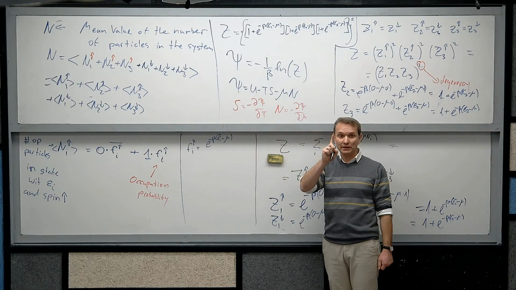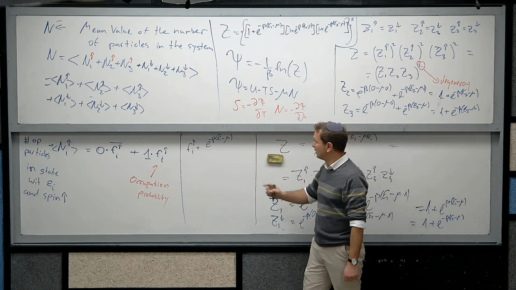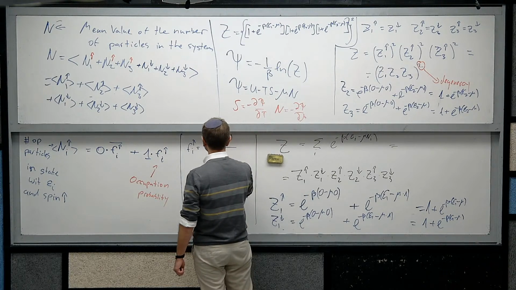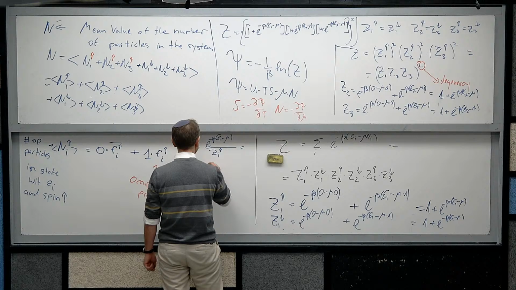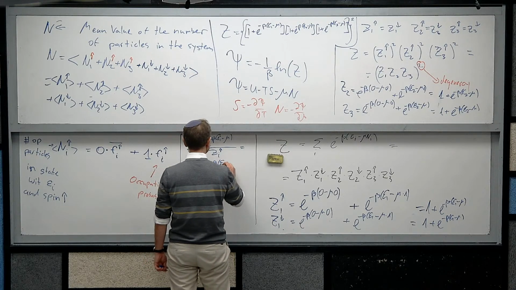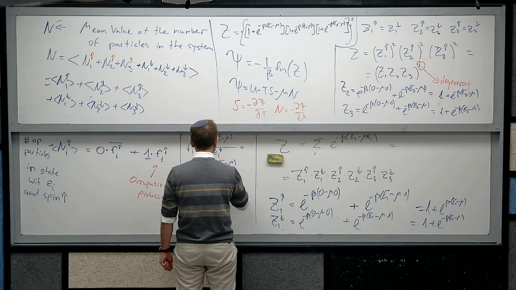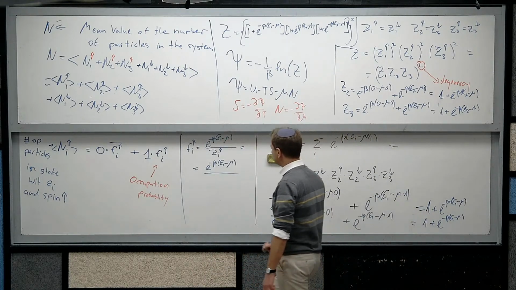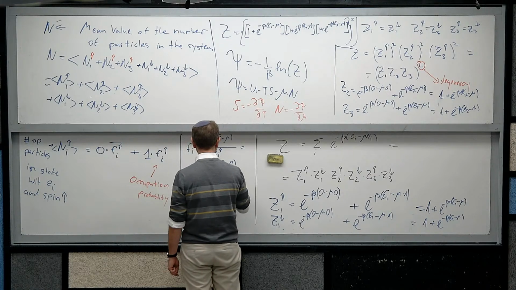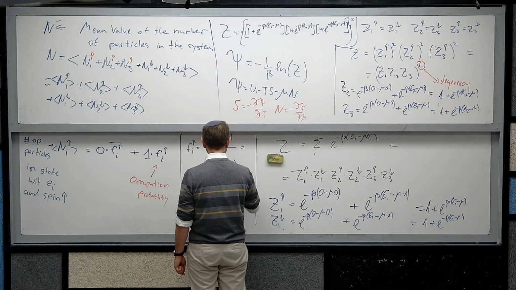It's one single state, one particle per state, divided by Zi up, which is e to the power minus beta (epsilon 1 minus mu), divided by what is Zi up. It is 1 plus e to the power minus beta (epsilon 1 minus mu).